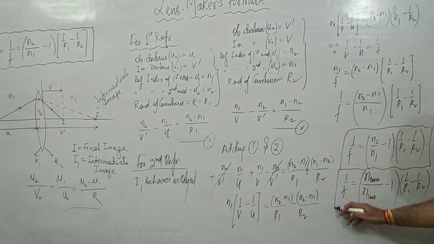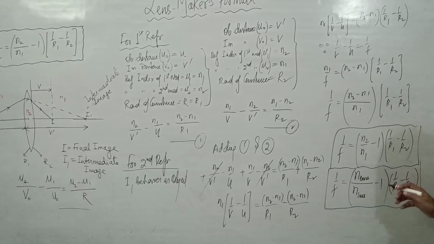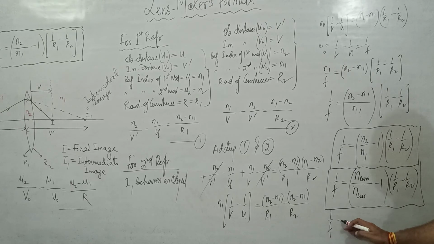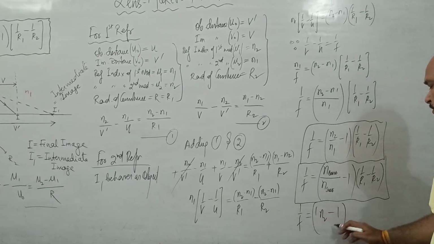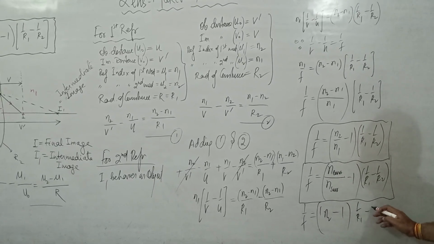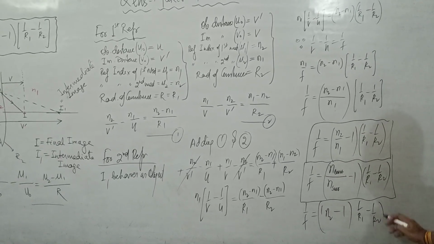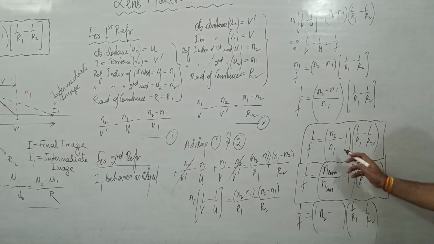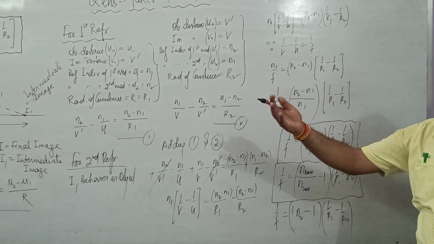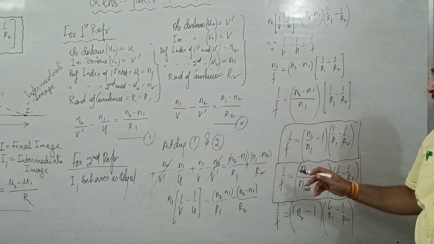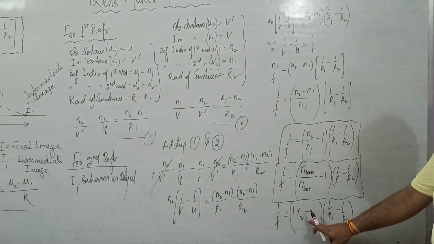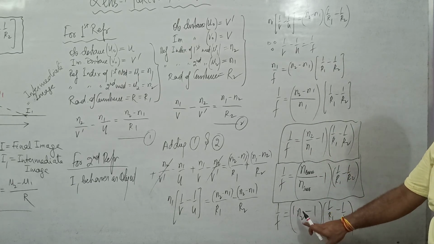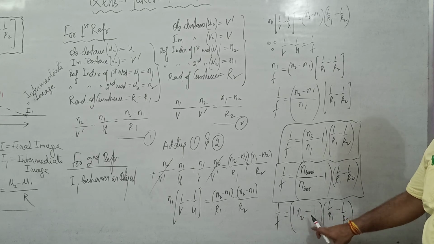This can also be written as 1 upon f is equal to the refractive index of 2 with respect to 1, minus 1, times 1 upon R1 minus 1 upon R2. If the surrounding of the lens is air, then this is the refractive index of the lens with respect to air. That means it is the absolute refractive index of the material of the lens.